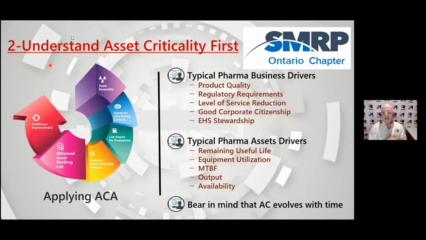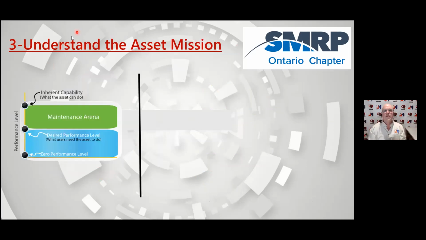And understand that asset criticality evolves with time, as the asset ages, as the operational context changes, as the asset usage plans change, and with configuration, technology, etc. So let's understand how critical the asset is before daring to, for example, copy and paste a maintenance program from other assets or even attempting to put together a plan.